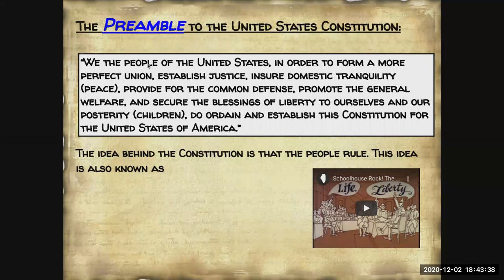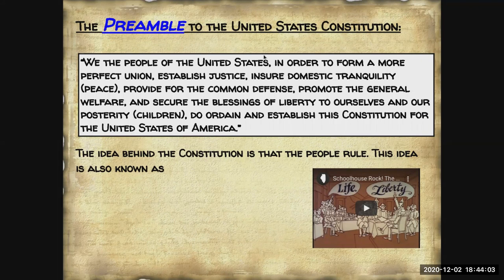We the people of the United States, in order to form a more perfect union, establish justice, ensure domestic tranquility, which means peace, provide for the common defense, promote the general welfare, and secure the blessings of liberty to ourselves and our posterity, do ordain and establish this Constitution for the United States of America.